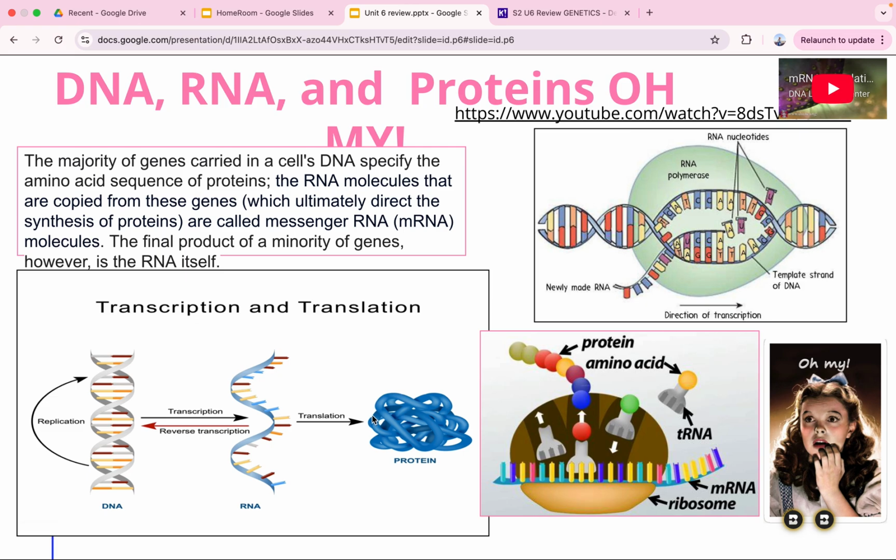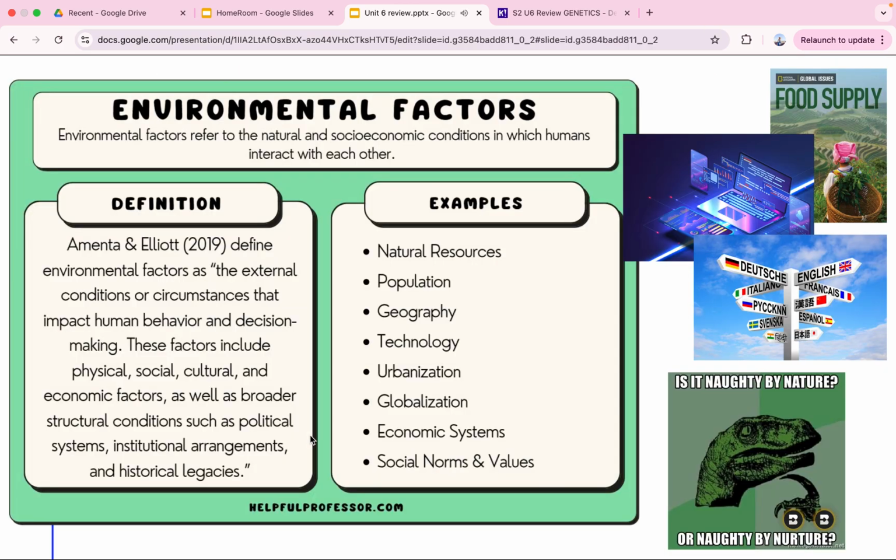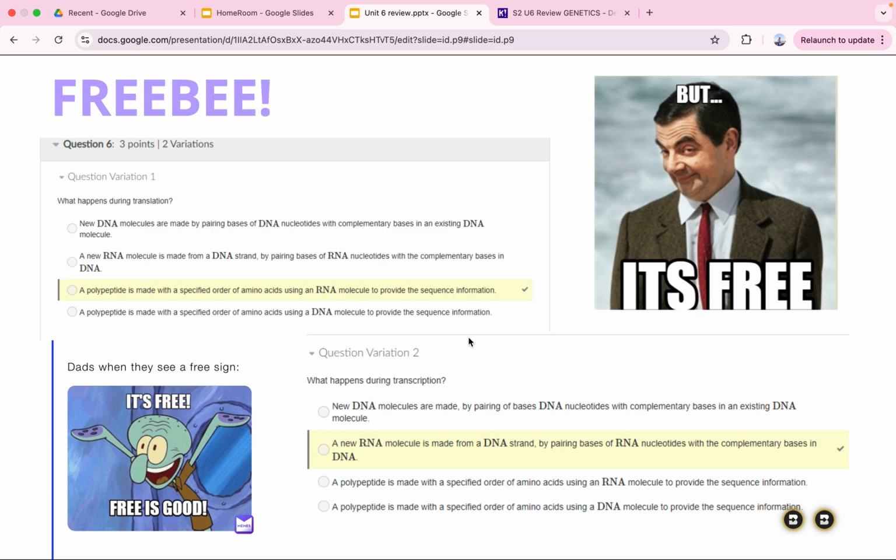Transcription happens before translation. Transcription is between DNA to RNA, and translation is RNA giving that code to create a protein. So now the next question was about transcription. So that's DNA to RNA. A new RNA molecule is made from a DNA strand by pairing bases of RNA nucleotides with the complementary bases in DNA.